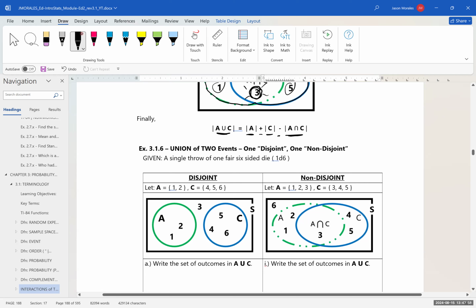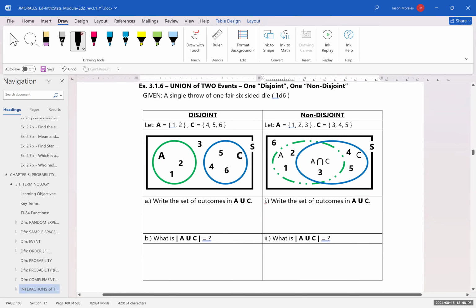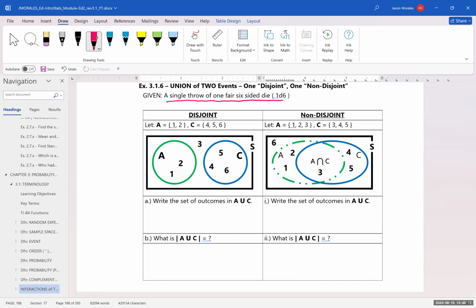So let's look at this example here. We're looking at the union of two events, one that's disjoint and one that is not disjoint. This is based off a single throw of one fair six-sided die. Let's work on the left-hand side. This is the case where the two events are disjoint. A is going to be the event where a 1 or a 2 is rolled. C is the event where 4, 5, or 6 is rolled.